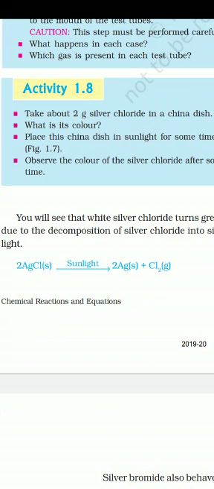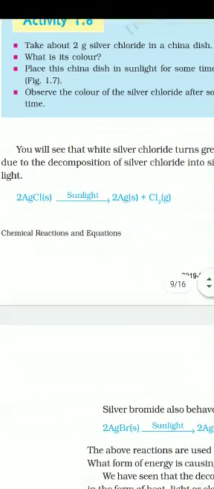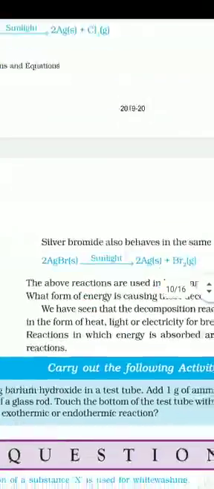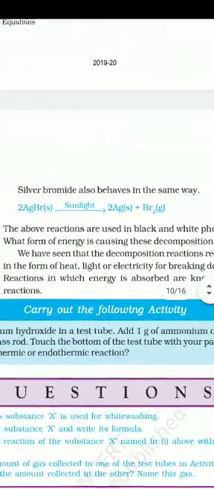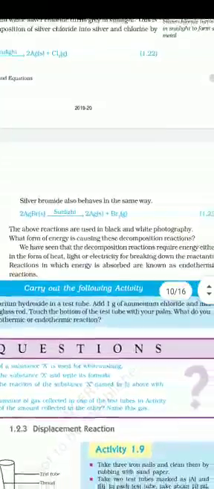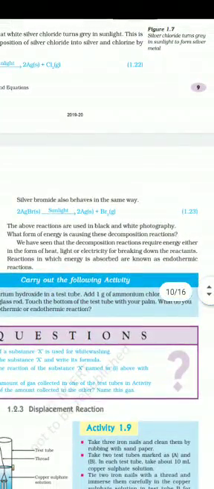This is the decomposition of silver chloride. The same equation applies to silver bromide also: it is converted into silver and releases bromine gas.